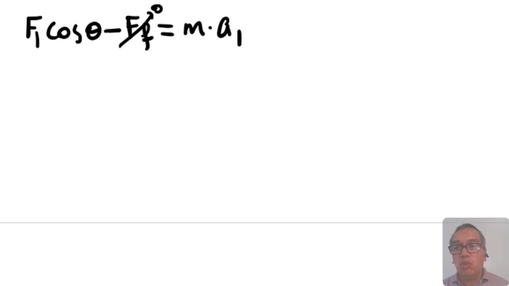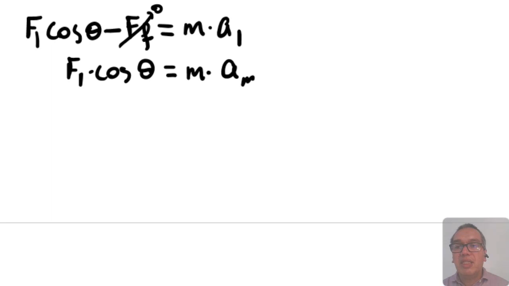It disappears. So what you have in that case is that F1 times the cosine of the angle is equal to the mass times this maximum acceleration, the greatest acceleration that you can have. This is like the critical moment where the block is actually losing contact with the surface.